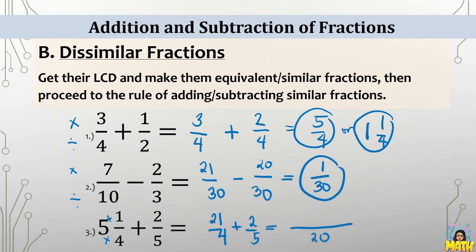Divide and multiply. 20 divided by 4 is 5 times 21, 105, plus 20 divided by 5 is 4 times 2, 8. 105 plus 8 is 113 over 20. So that is the answer, or you can rewrite it as mixed number equal to 5 and 13 over 20.